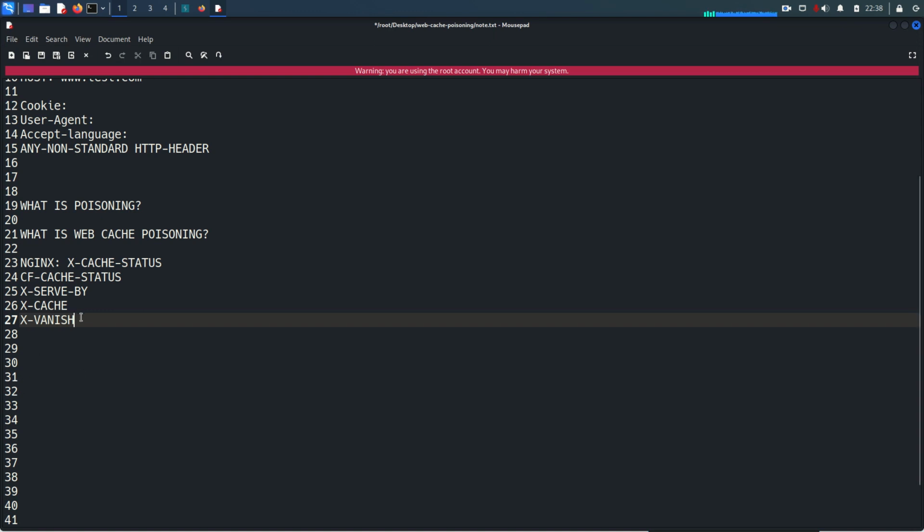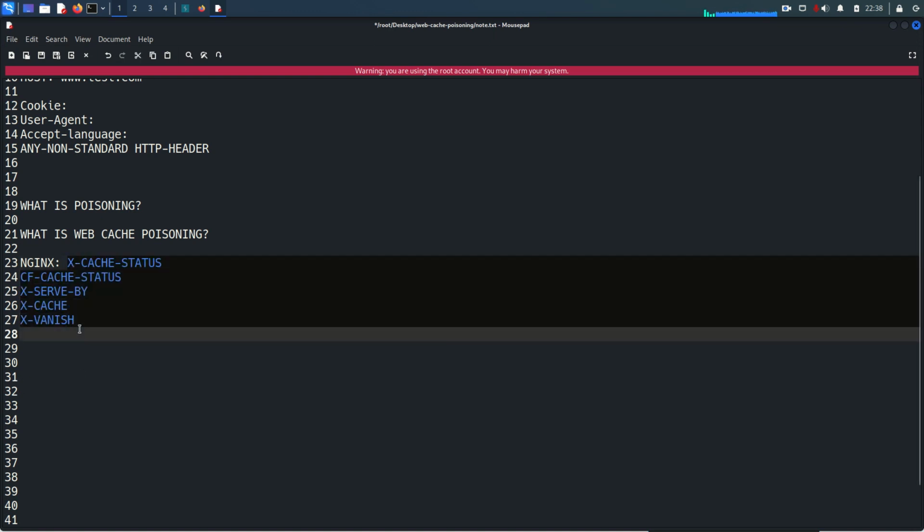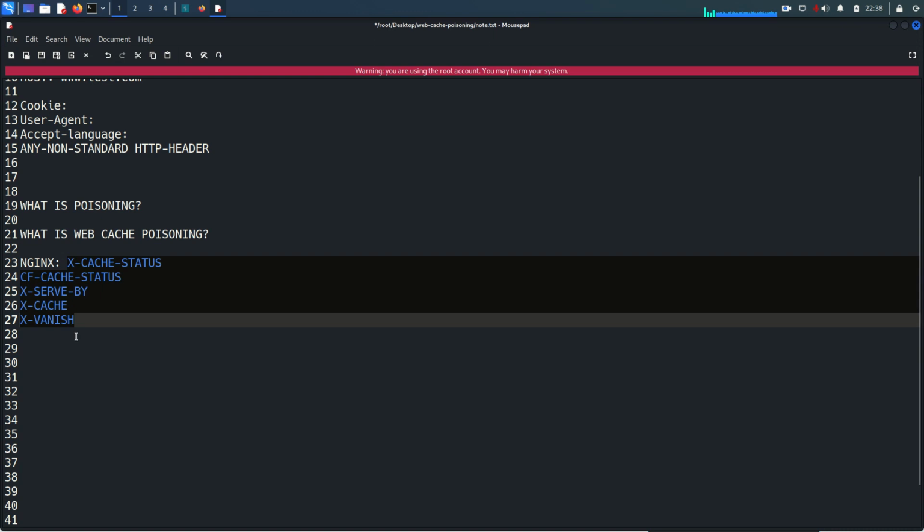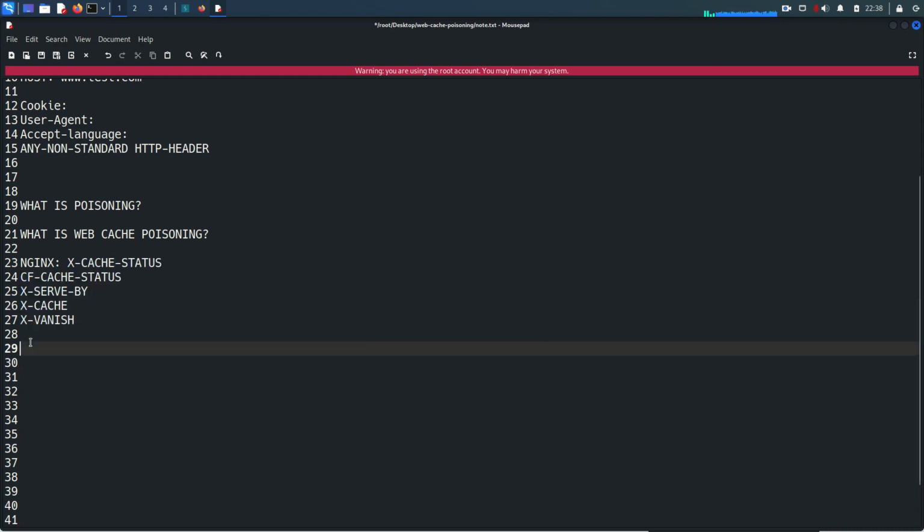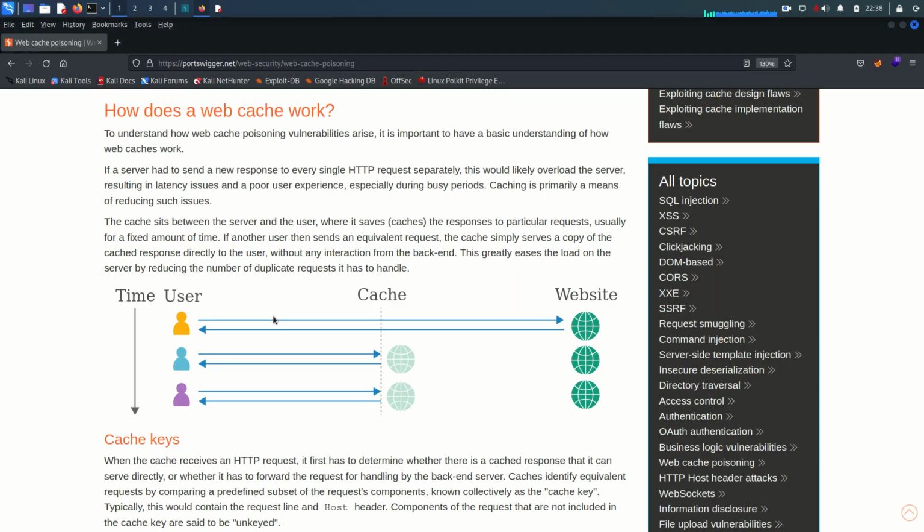So if you find any of these headers in the response, not in the request, in the response, that means there is a cache in between you and the web server. There is another thing: how will you know whether the response is served by the cache or directly by the website server?